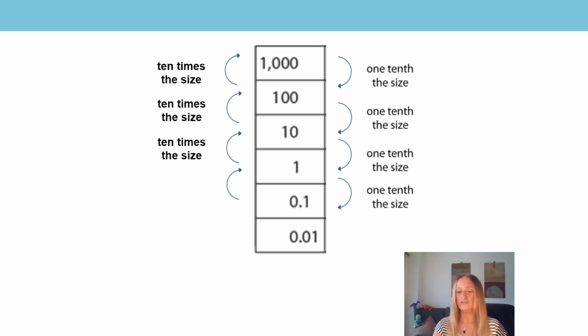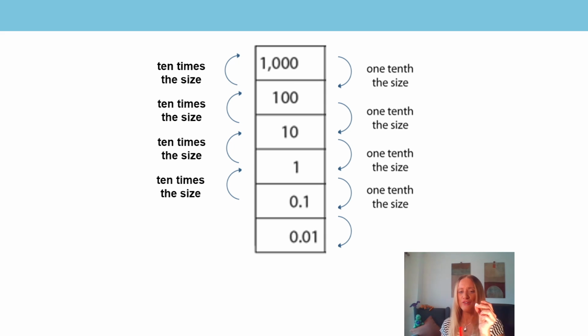And therefore, what does this arrow show? It shows that 1 is 10 times the size of 1/10, because 10 1/10ths would be 1. Fantastic. What about 1/10 and 1/100th? What can you tell me about the comparisons of those?